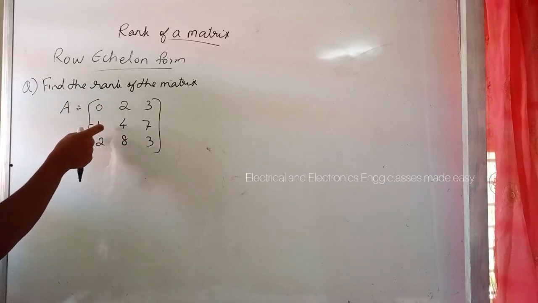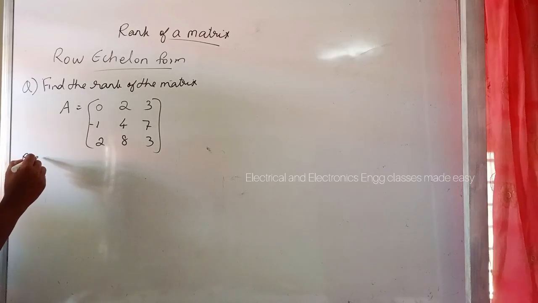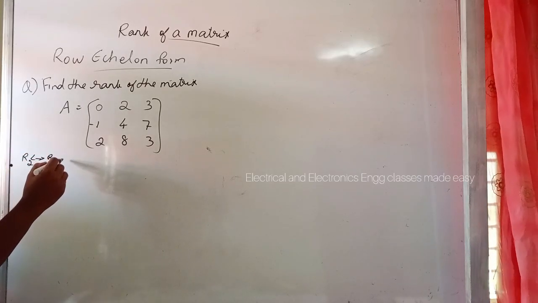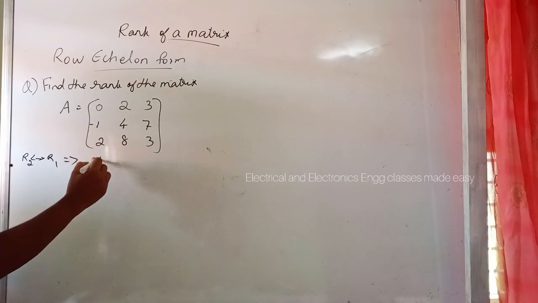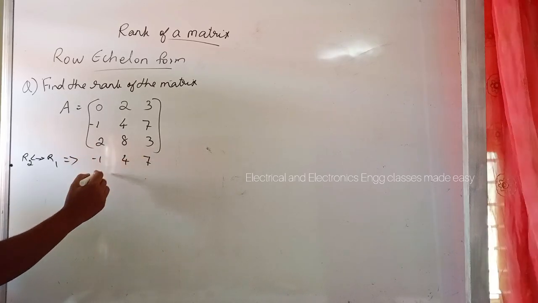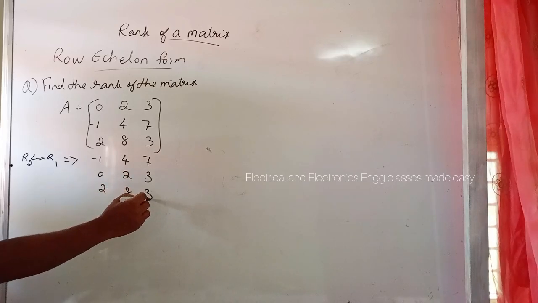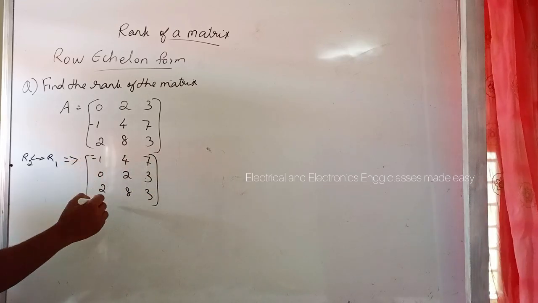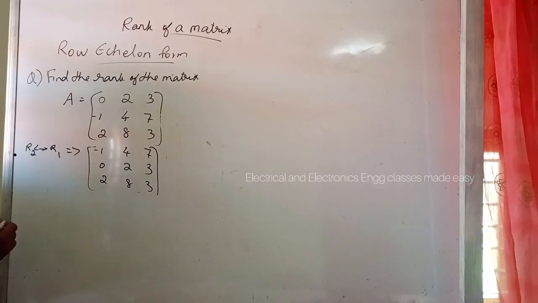For that, let us interchange these two rows, R2 interchange with R1. Then we get [-1, 4, 7; 0, 2, 3; 2, 8, 3]. Let us make the first element plus 1.